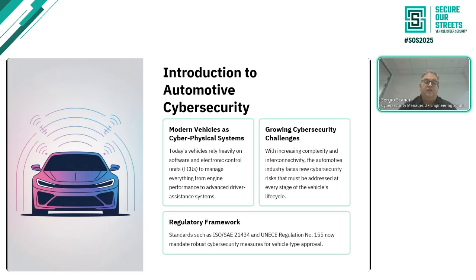Cybersecurity breaches can compromise not only data privacy, but also physical safety. That is why standards like ISO/SAE 21434 and UNECE Regulation No. 155 have become essential. They require manufacturers to implement robust cybersecurity management systems as part of type approval, and compliance is now a global reality.